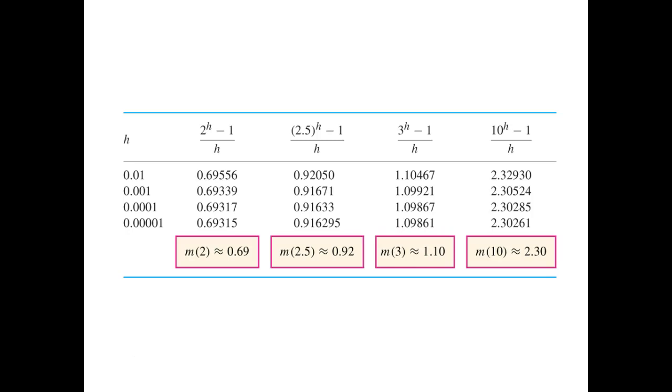So when you plug in the point 0, 1, you get this number. 0, 0, 1, you get this number. Well, it looks like it's good to 2 digits here. 0, 0, 0, 1, looks like you're good to 3 digits there. 0, 0, 0, 0, 1, it looks like you're good to at least 4 digits here and getting closer.